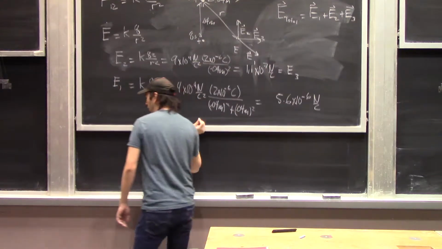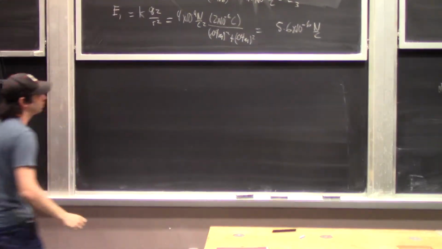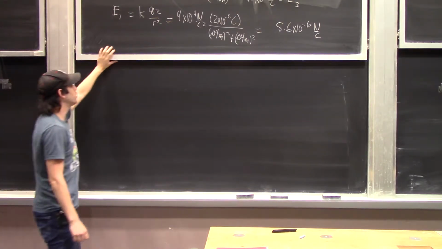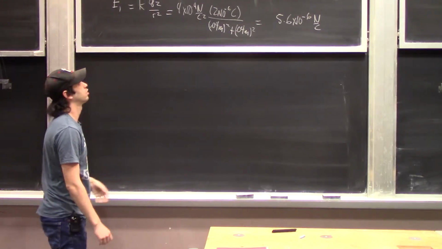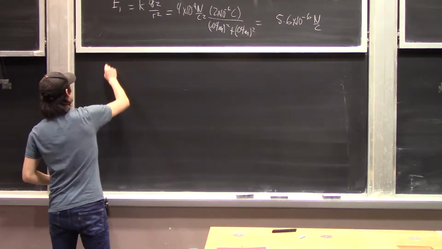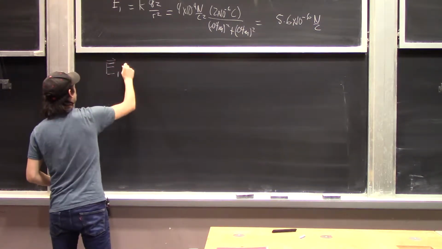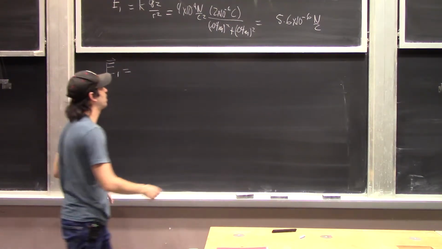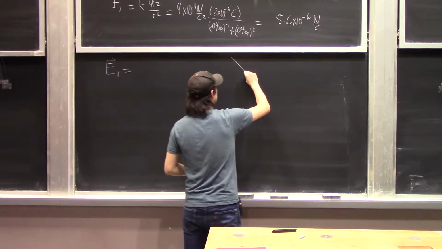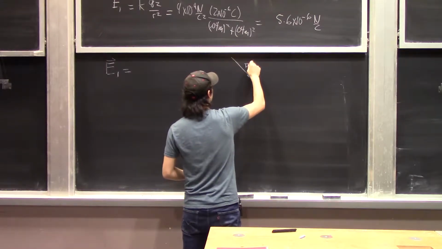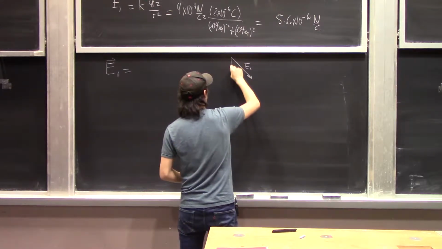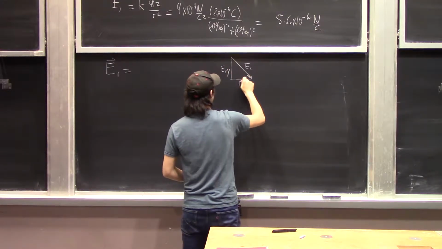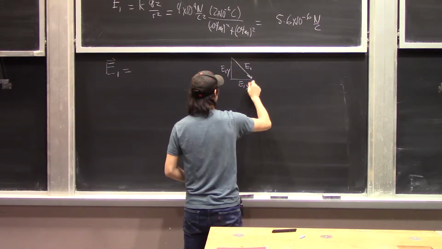Okay. So now that we have the magnitudes of these, we need to break them into vectors in order to add them. So the first thing that we can do is we can say that E1 is going to be some amount in the x direction, some amount in the y direction. Remember, this was what E1 looks like. E1 looks like this, and so it has some part E1 in the y direction and some part E1 in the x direction.